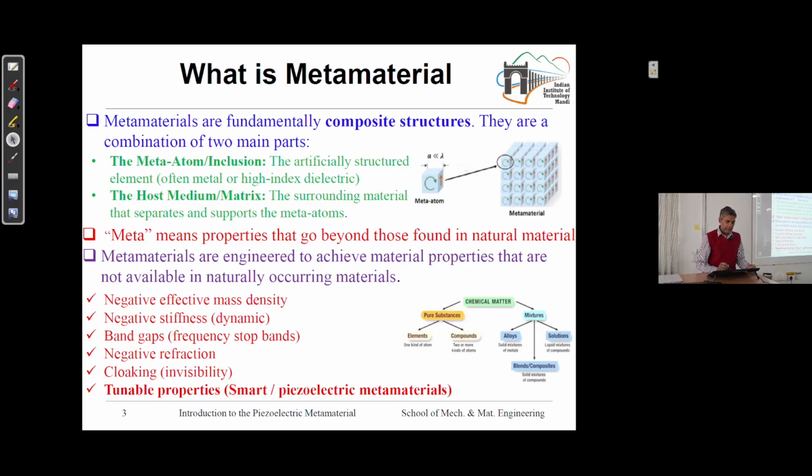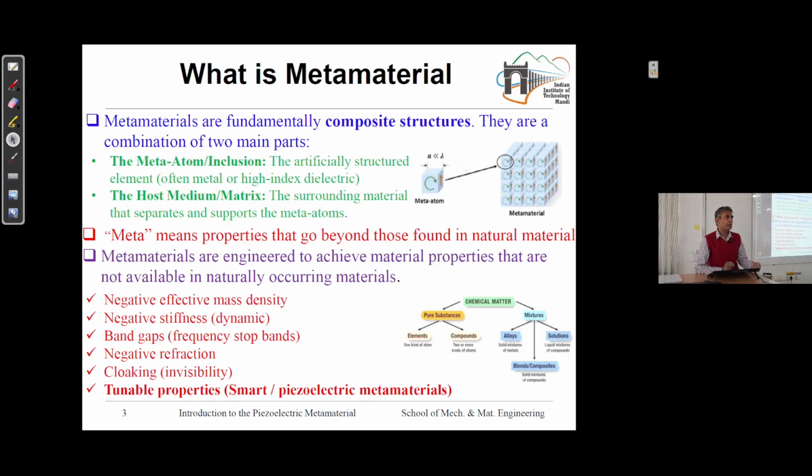Now, in this course, the so-called Gyan course, it is about the piezoelectric. With the help of piezoelectric materials, we can have tunable properties. So we have the options. We can make piezoelectric metamaterial. We can make some other type of metamaterial, for example aluminum metamaterial, copper metamaterial, and so on.